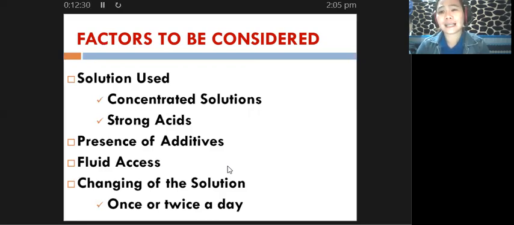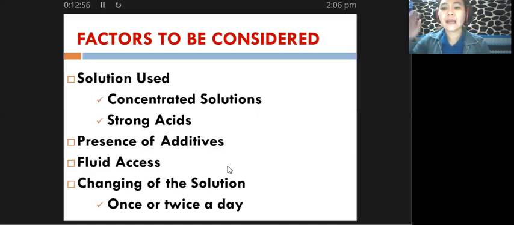So what would be the effect of these characteristics of your solution in the decalcification process? First, let's look at the concentration. The concentration of your solution is directly proportional to the decalcification rate. That means the more concentrated your solution is, the more rapidly it is able to decalcify.